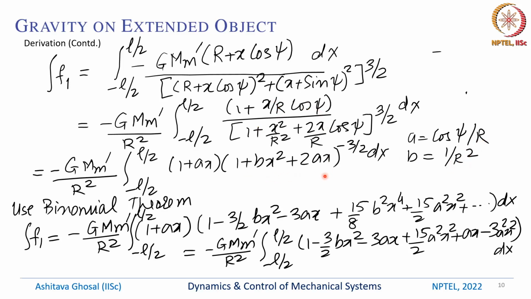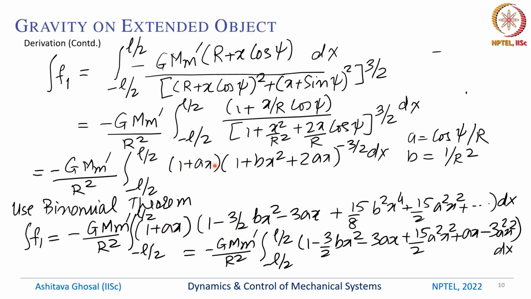Okay, so then we want to use the binomial theorem. We want to expand this using the binomial theorem. Why? Because 1 plus ax to the power minus something, we can expand in binomial theorem. It will look like this.